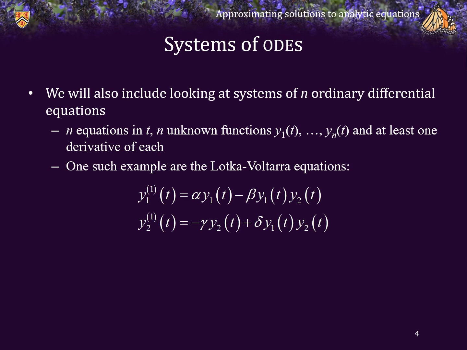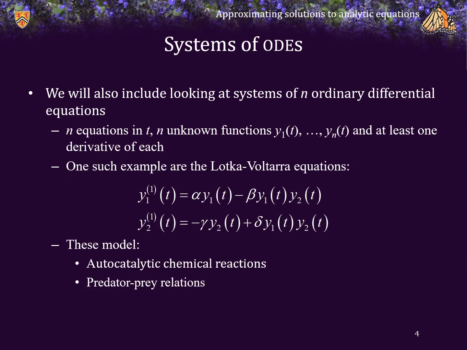Of course, to get a solution, we must know all four values: alpha, beta, gamma, and delta. Interestingly enough, these two differential equations model both autocatalytic chemical reactions and predator-prey relations.